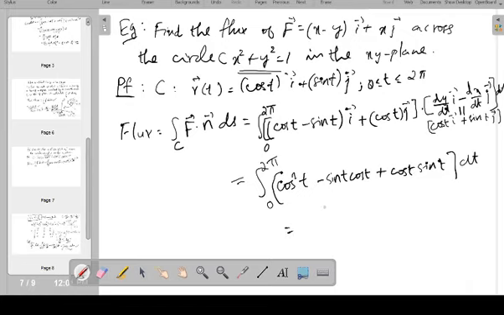So this and this cancel. Cos square t, how do you write cos square t?